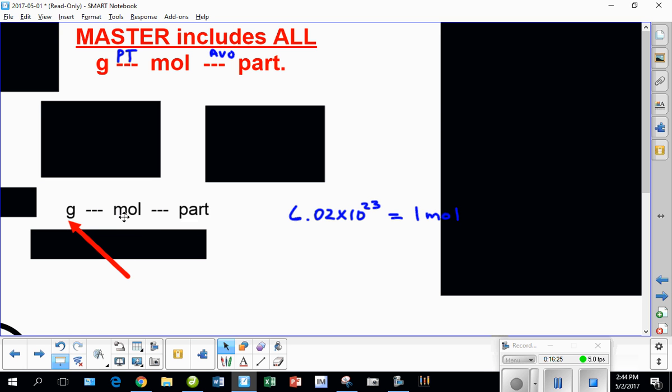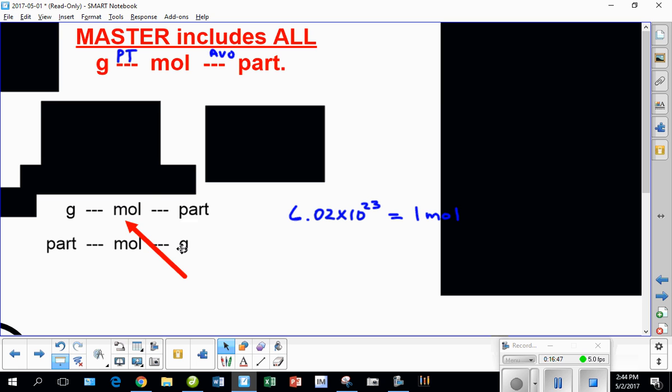Grams. Okay, so grams over 1. What is on the bottom of the next fraction that is going to allow us to get moles and cancel the grams? First of all, ask yourself, what territory are we in?